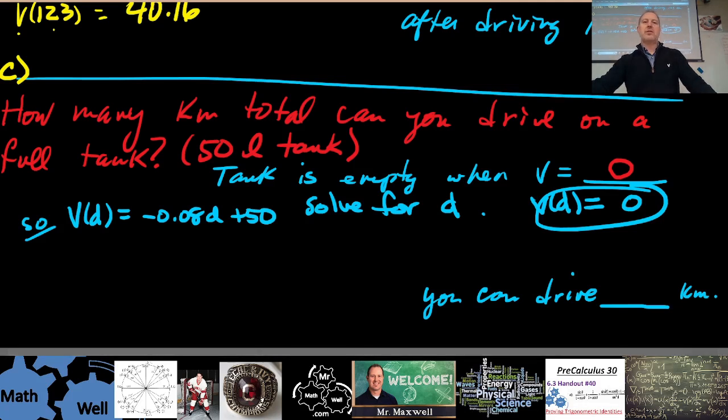You're going to do this 100 times at least before you graduate. Actually, probably more than that if you take calculus. So this V of D, I don't know what D is, but I do know that the volume is 0, so you put 0 instead of that notation there. And I solve now for D because D is unknown.